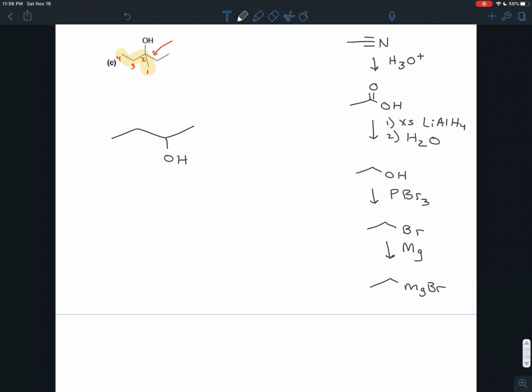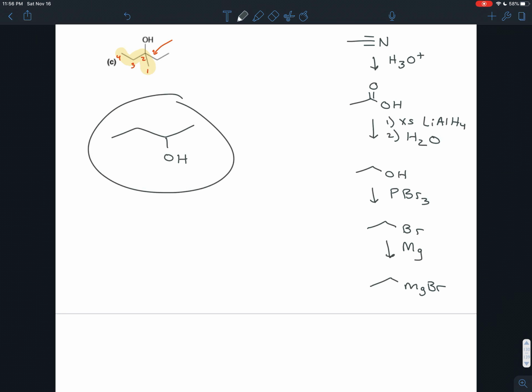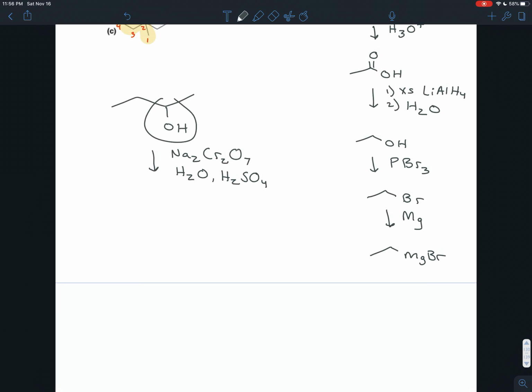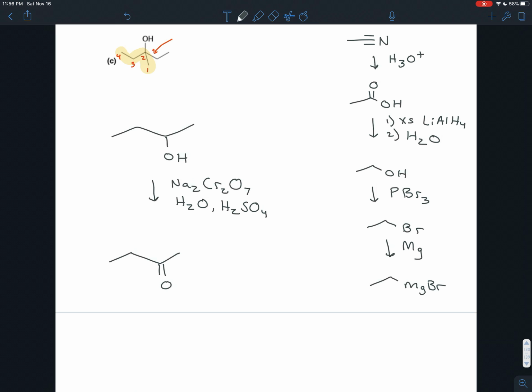Now, we can make that react here by turning this into a good electrophile. And we can turn this into a good electrophile by oxidizing that bond. If we used sodium dichromate, Na2Cr2O7, in an acid-water wash, so water and H2SO4, sulfuric acid, that will turn this secondary alcohol into a ketone. And once you have the ketone, you can react it with your Grignard.